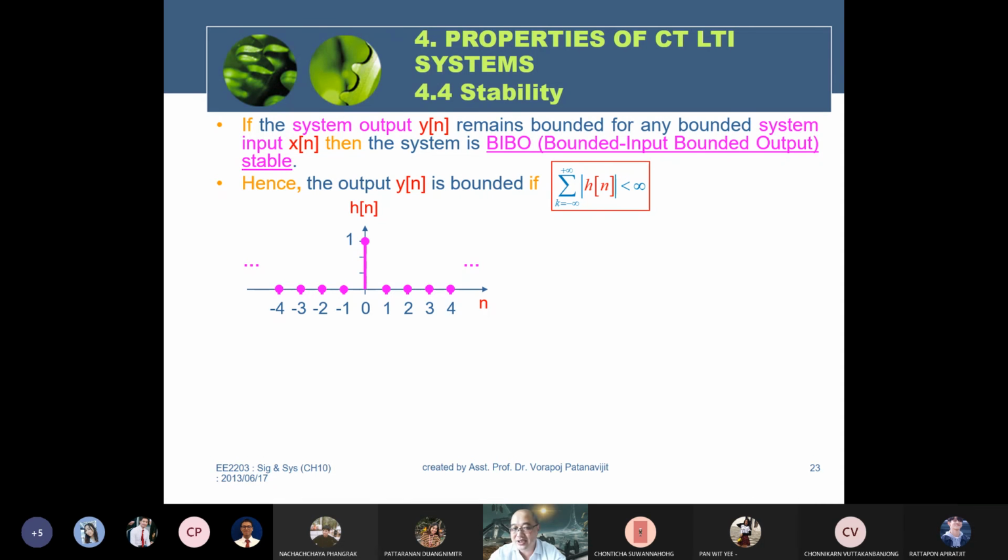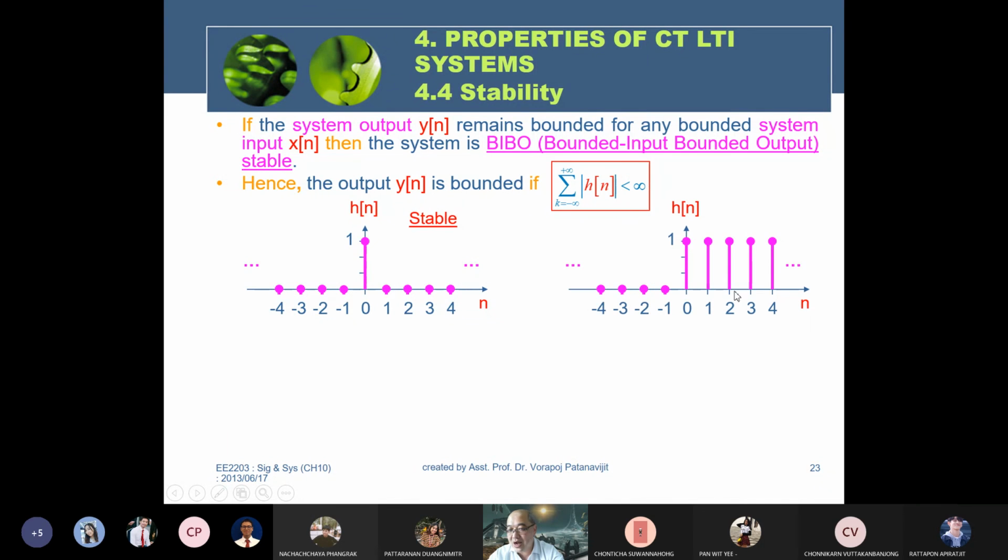For this case, h[n] is 1 and 0 and 0 and 0 and so on. Therefore, the sum of them equals 1, which means stable. For here, 1, 1, 1, 1, 1. How many impulses do we have? Infinity, right? 1 multiplied by infinity gives you infinity, therefore unstable for this case.